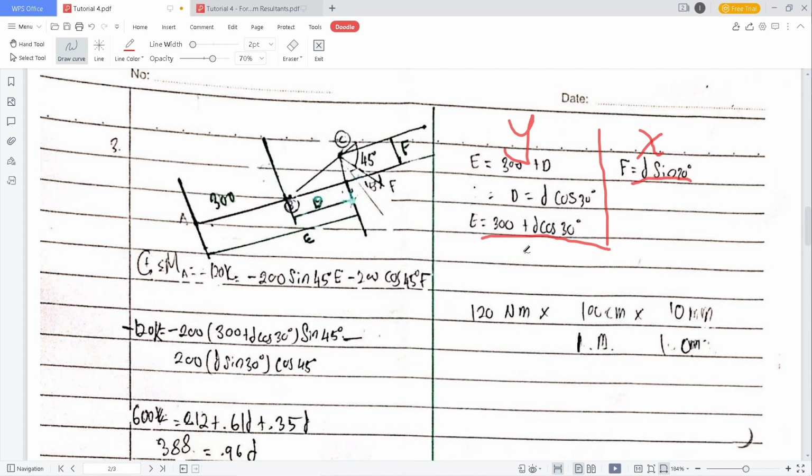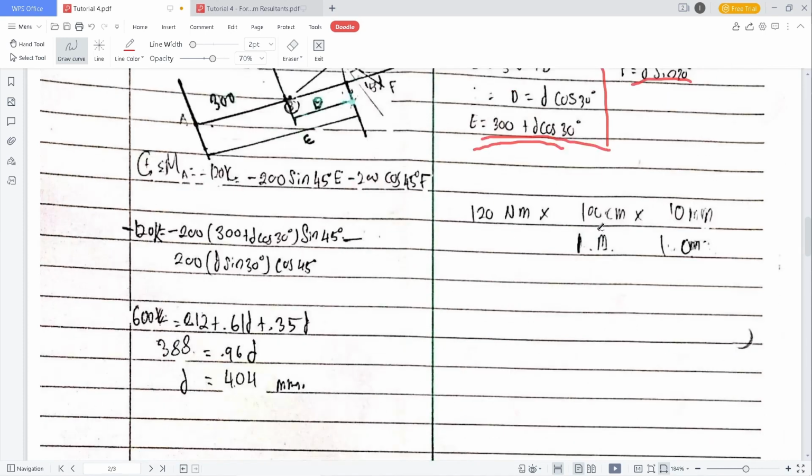This equation you need to include in the first equation. So you do the math, and because there is only a singular unknown, you can solve for D, which is 4.04 millimeter. It is in millimeter because we already changed the unit to millimeter from the beginning.